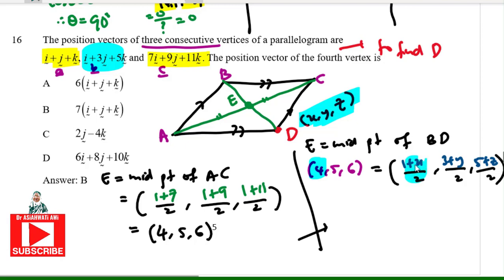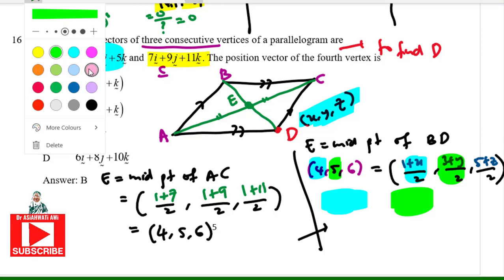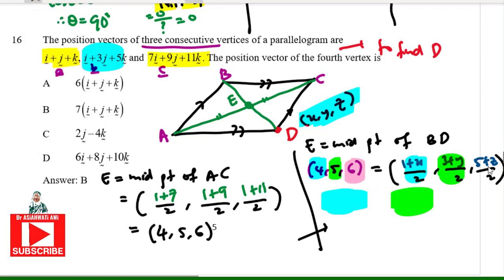So for component I, J, and K. 1 plus X over 2 is equal to 4. Component I, 1 plus X is equal to 8.